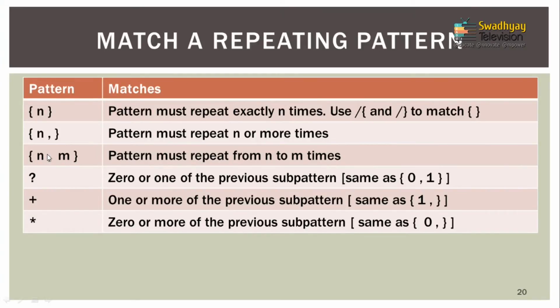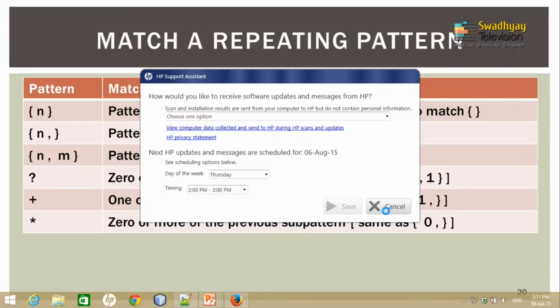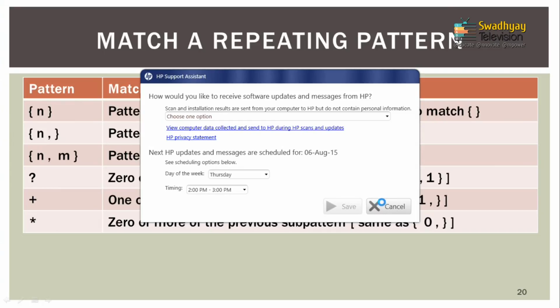If a question mark is used, it is very similar to 0 to 1, meaning minimum 0 times, maximum 1 time, or you can say it is optional, because 0 means no pattern is matched. The plus sign is equivalent to 1 comma, that means it must be matched at least once, right?